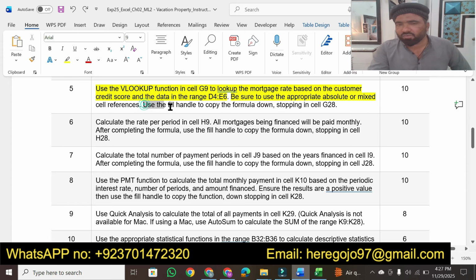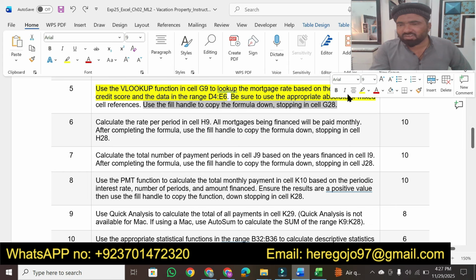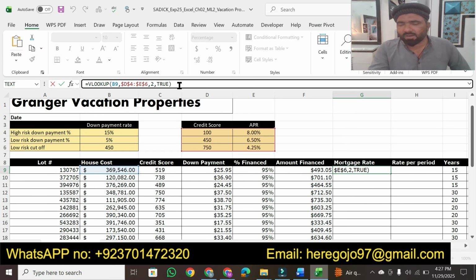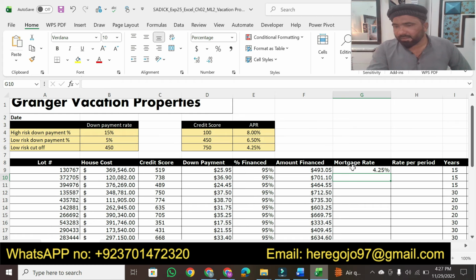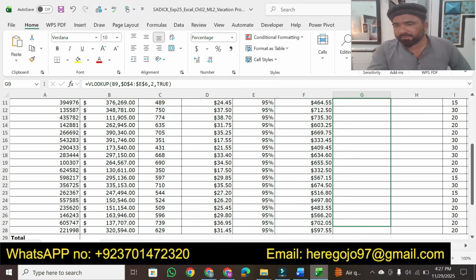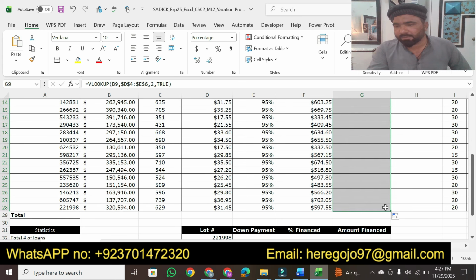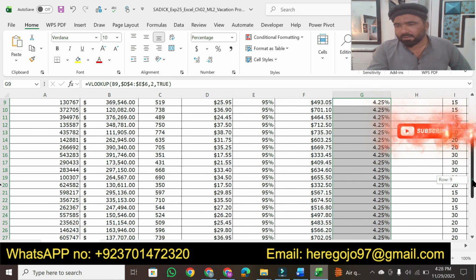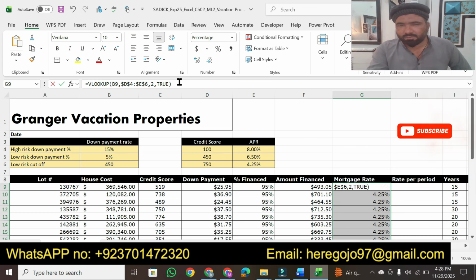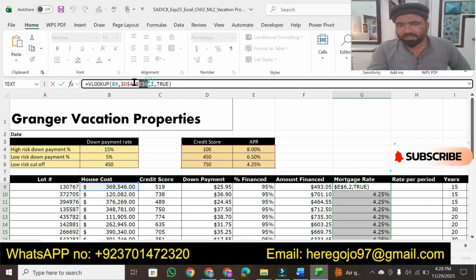Then in the last step, use fill handle to copy down the formula, stopping in cell G28. Now we have to copy down this formula. First we have to press enter and get the result. Now we have to copy this formula down to G28 here. Then this one. Okay, so it means that we have to remove the absolute value from here.